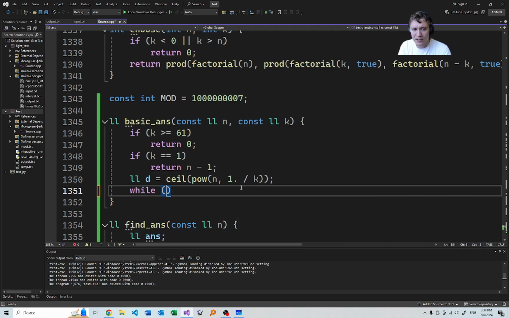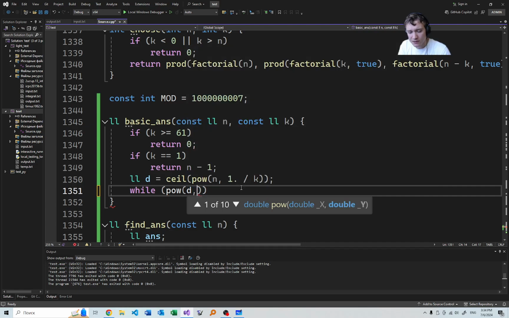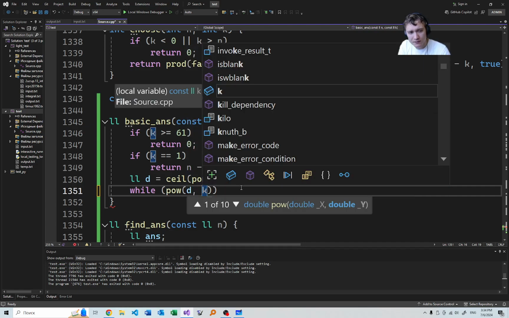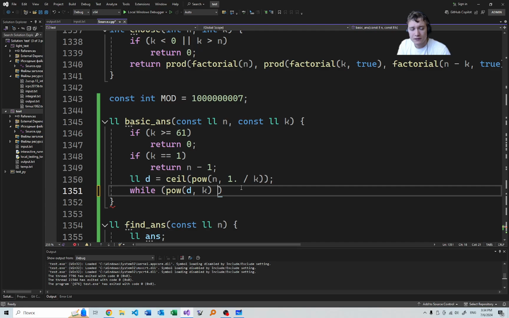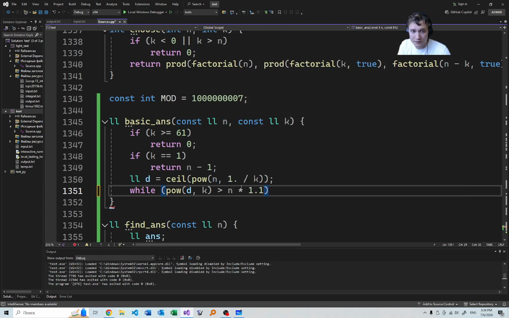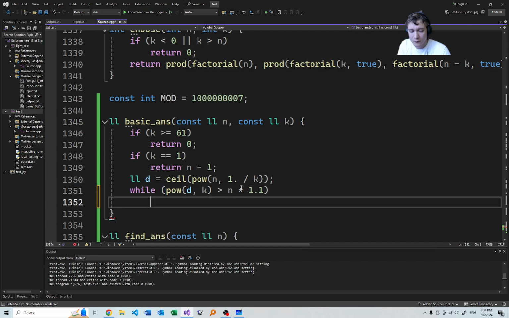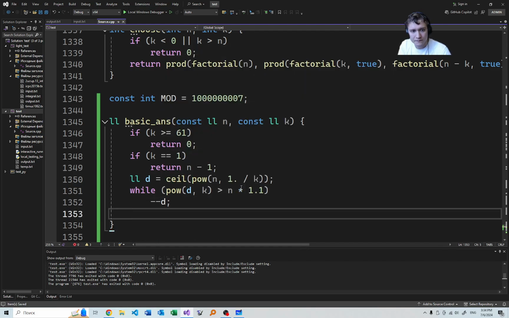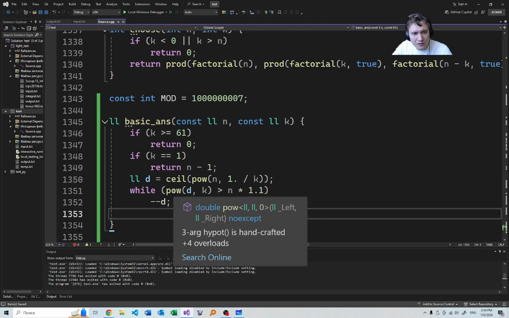Yeah, so while power d to the power k is greater than n times 1.1, for example, we need to subtract 1 from d. And then when integers are fine, we can switch to integer powers.